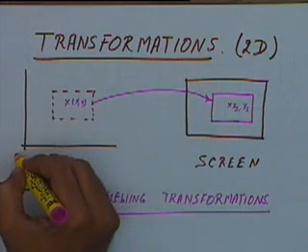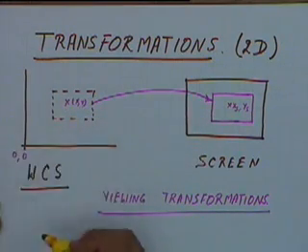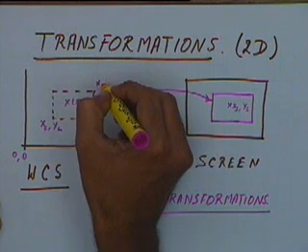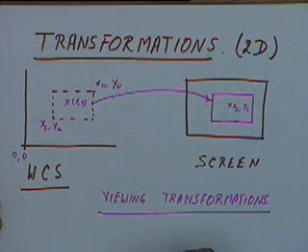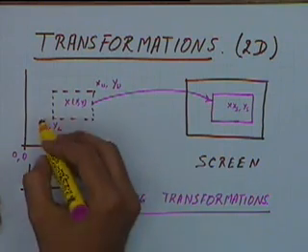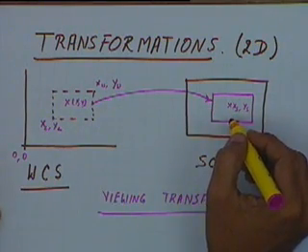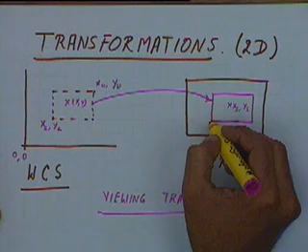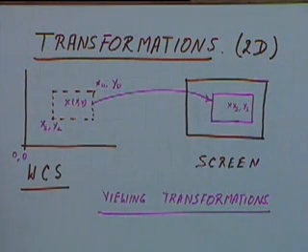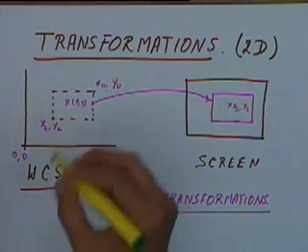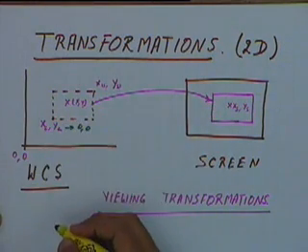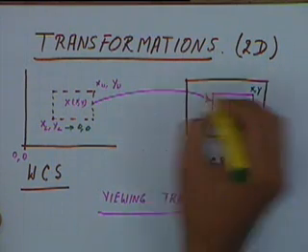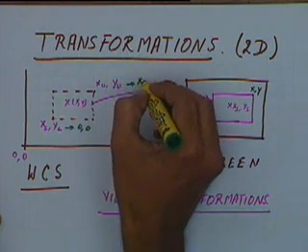Typically, let us say in the world coordinate system, this is my 0, 0, and this point is my x lower, y lower, and this point is x upper and y upper. When I transform it onto the screen coordinate system, this point xl, yl should be transformed into 0, 0. So this point will become 0, 0, and if this upper corner is xu, yu, then this will get transformed into the screen's upper corner.